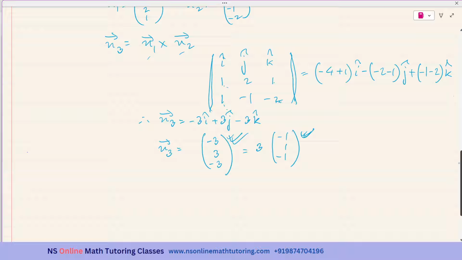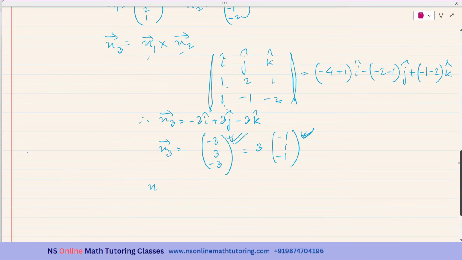Okay, I need a vector which is perpendicular to the plane pi 3. I'm not concerned with its magnitude. So instead of taking minus 3, 3 and minus 3, I can take minus 1, 1 and minus 1. Okay. So I'll be taking this.